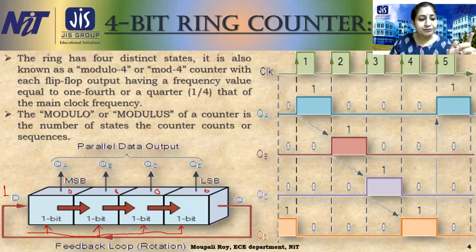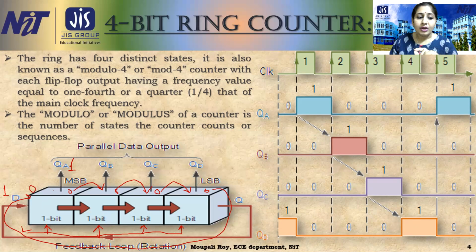When the first clock is given, this 1 comes there, so the output of QA becomes 1, and these 0s go there.